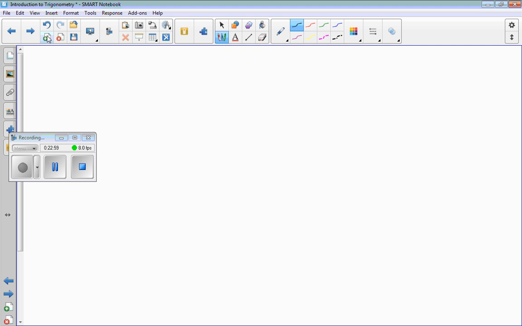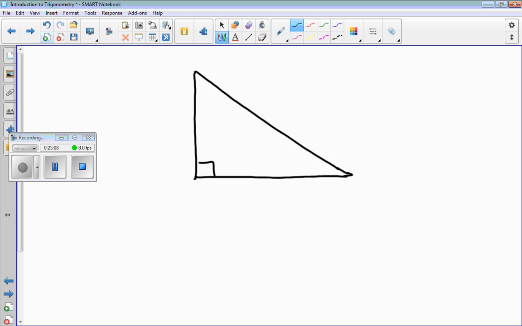I'm going to pick this example. I'm going to say that I know one of the angles, actually. I know that this is 30 degrees. We're not going to use special rights. We're going to try to use trig.